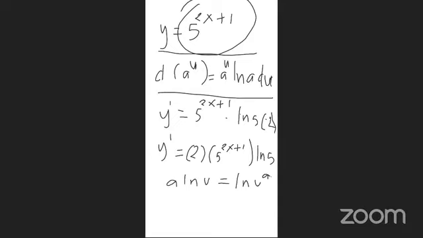So if we simplify, y prime is equal to 2 times 5 raised to 2x plus 1 times ln 5 squared, or ln of 25. That is the answer.